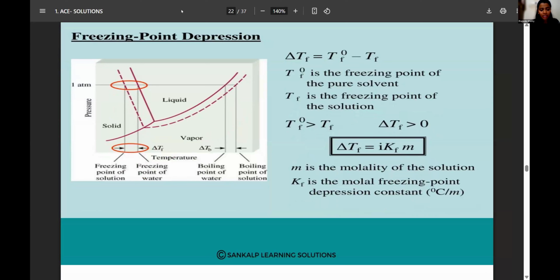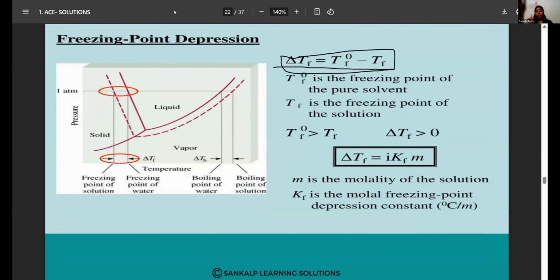When you're giving the difference, I told you previously with respect to TB because it was boiling point. As it is freezing point, you take it as F. And there, what you had, delta TB is equal to TB minus TB not.